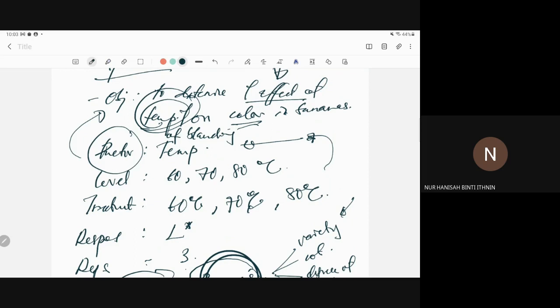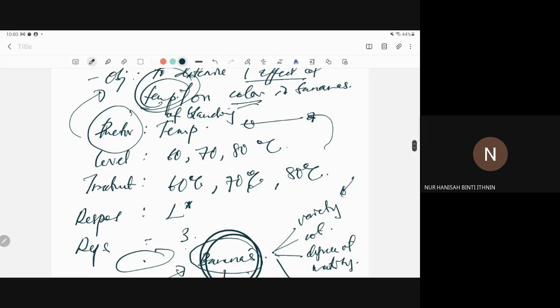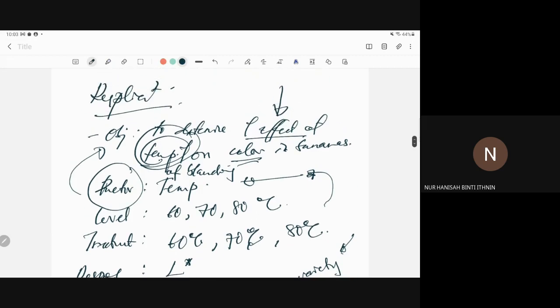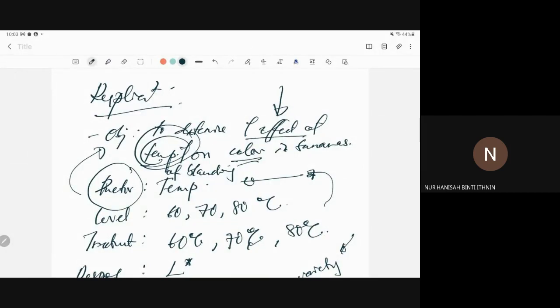So what is our factor? The factor depends on the objective, so you really need to understand the objective. Everything starts with the objectives, everything ends with the objectives. The objective is to determine the effect of temperature, so the factor will be temperature.